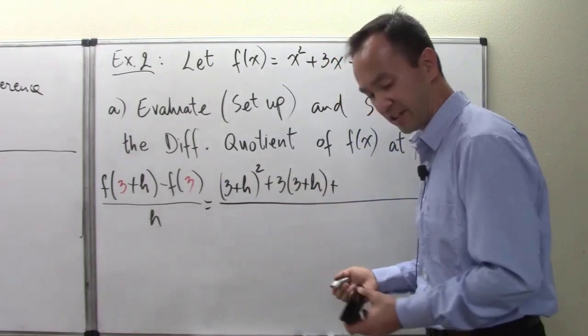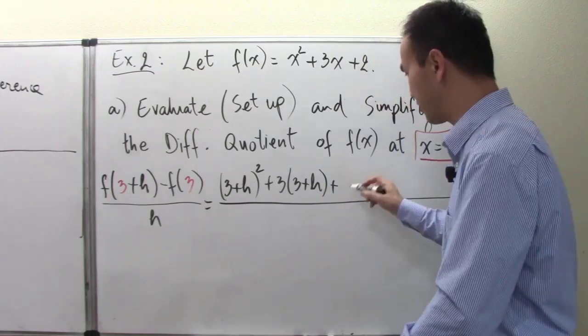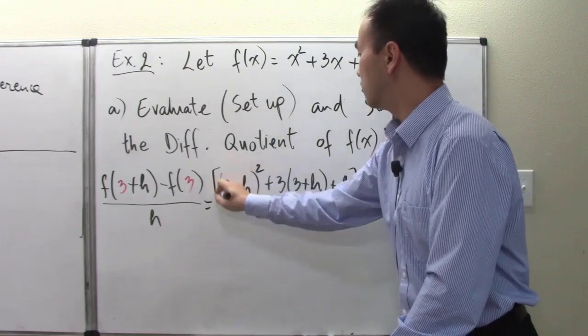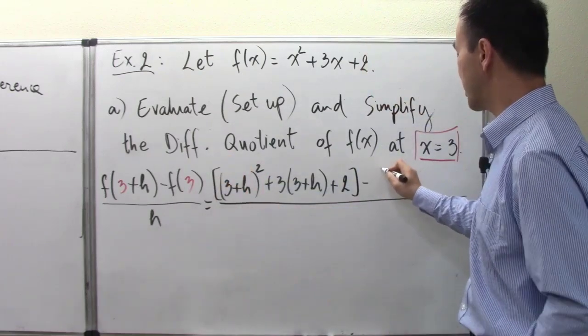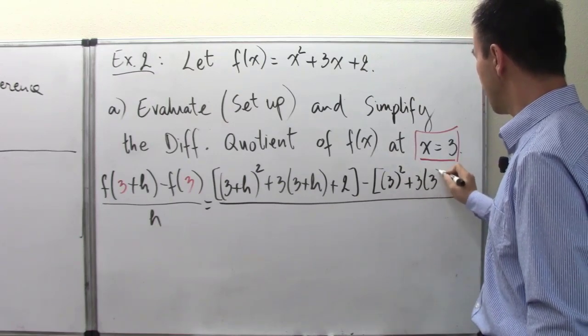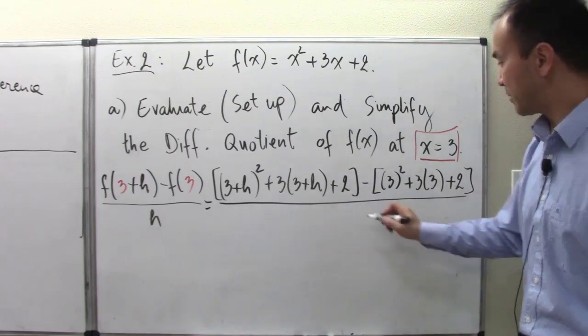I wrote it down earlier, and I was short of board space, so I had to erase and rewrite the whole thing here. Now I'm going to subtract 3 squared plus 3 times 3 plus 2, and I'm making better space this time, all divided by h.